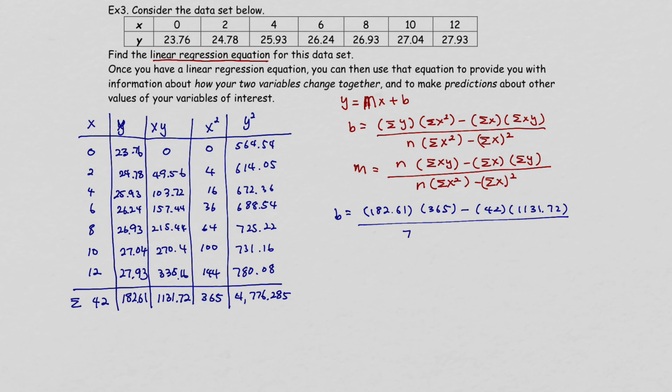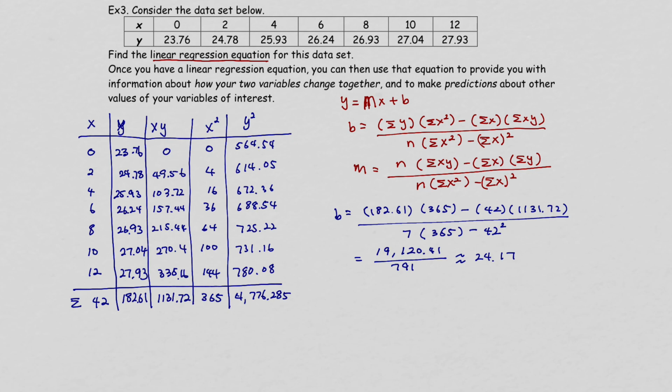You have 7, right? Times 365 minus 42 squared. This gives you 19,120.41 over 791. When you divide this and round it to the nearest hundredth, 24.17 is what you're going to get.